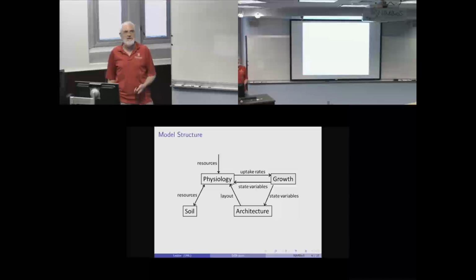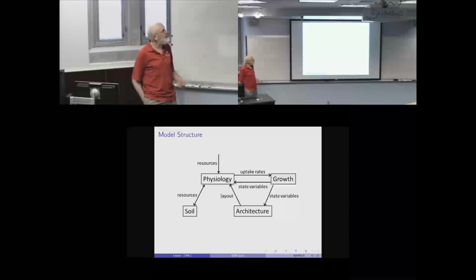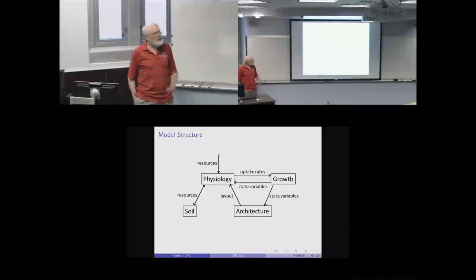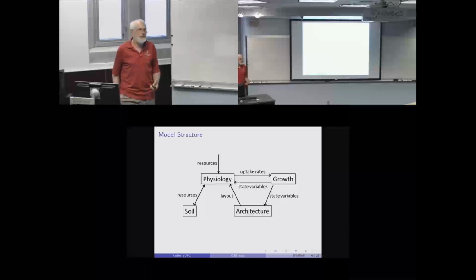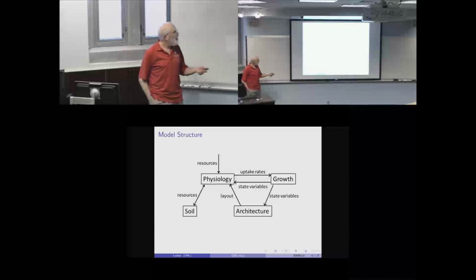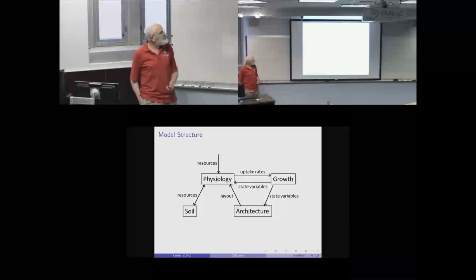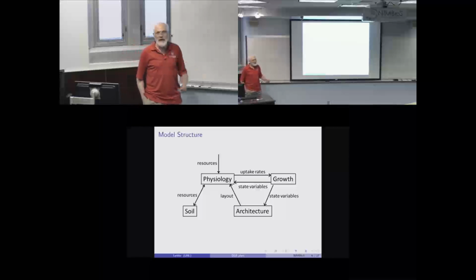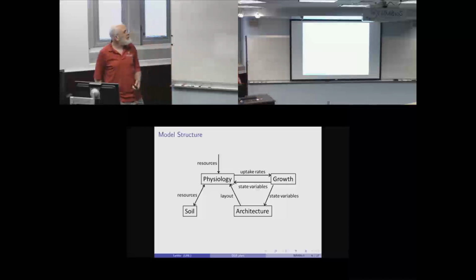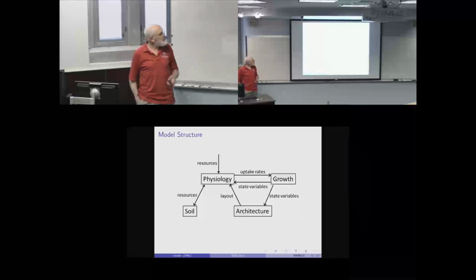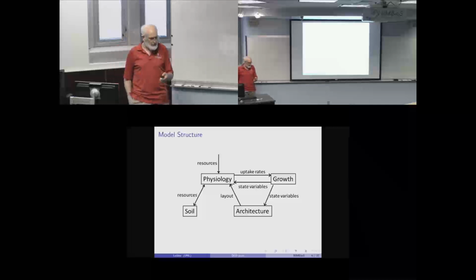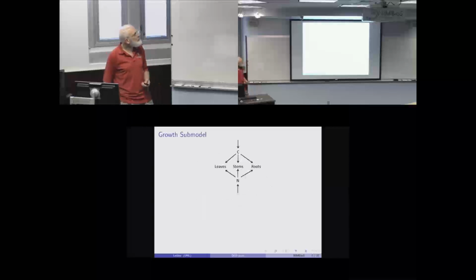It also depends on how much nitrogen there is in the soil and other things. So we need a separate physiology model, which is where I've been putting my work in during my sabbatical fellowship here. And that interacts with the resources in the soil. And then we're a bit behind on doing the architecture work because you can leave that out and make some simple assumptions and still get a model that has some limited value.